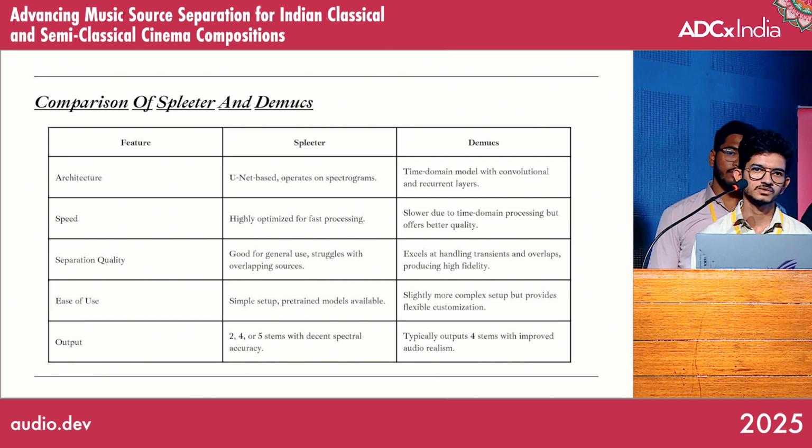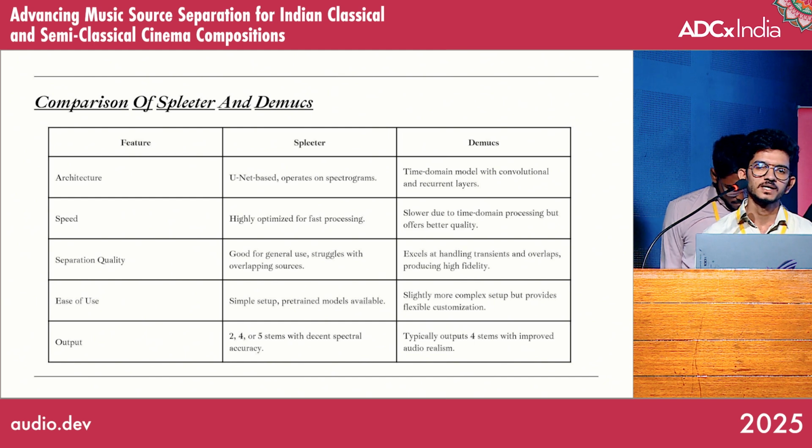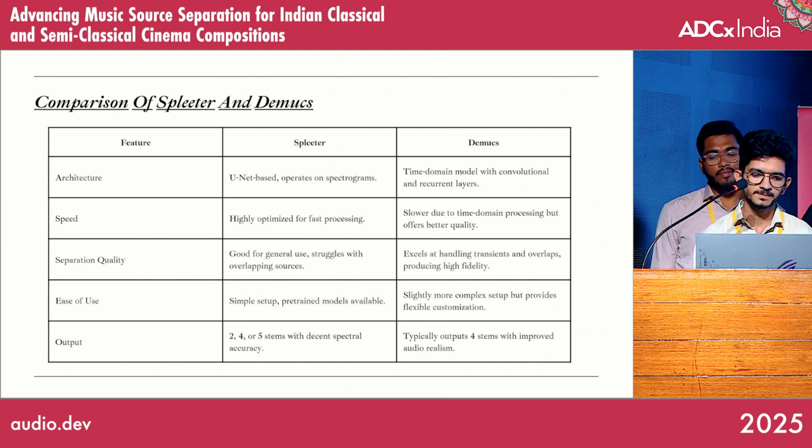When it is passed through the neural LSTM, it takes time to analyze the patterns and then outputs the various stems. So comparatively Spleeter has the faster speed. For separation quality, Demucs is time consuming, but it separates stems more clearly compared to Spleeter.